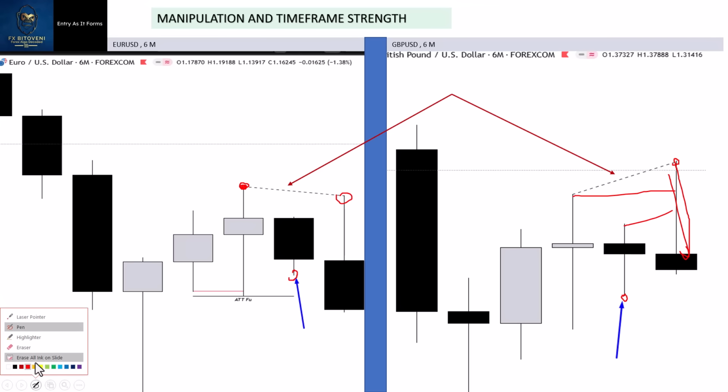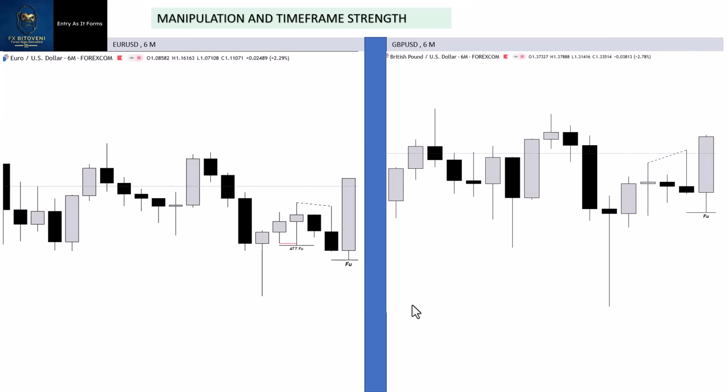Now, look at this. Euro USD failed to create the high, but GU succeeded.